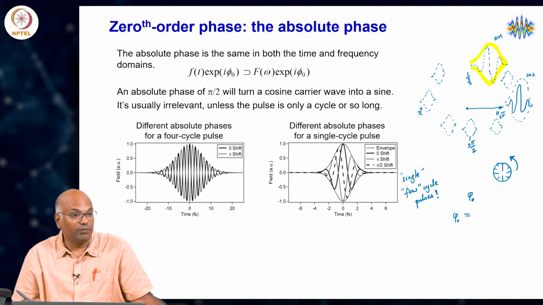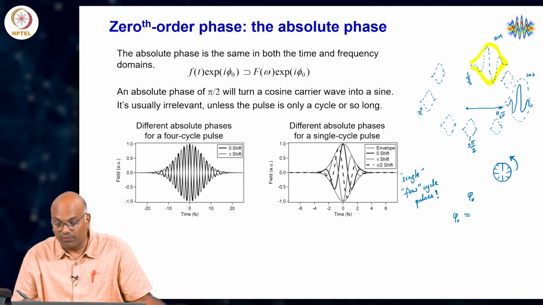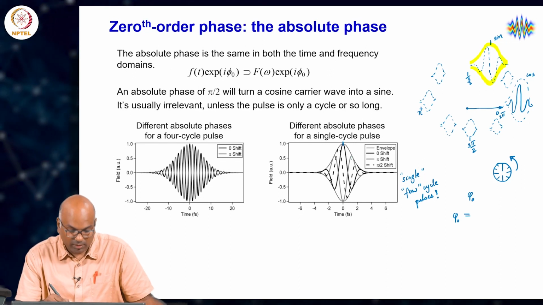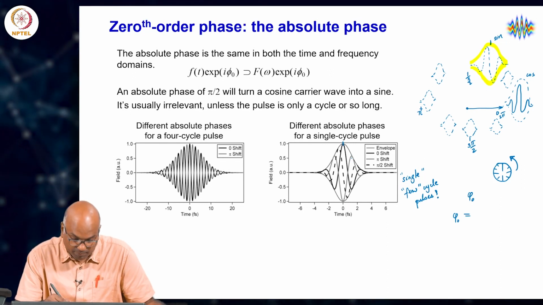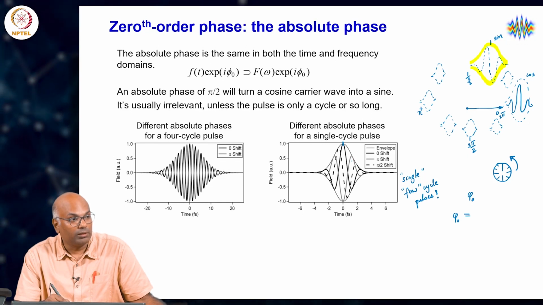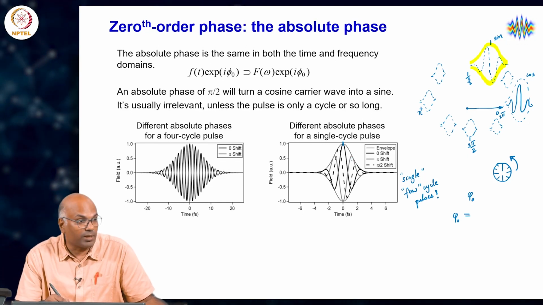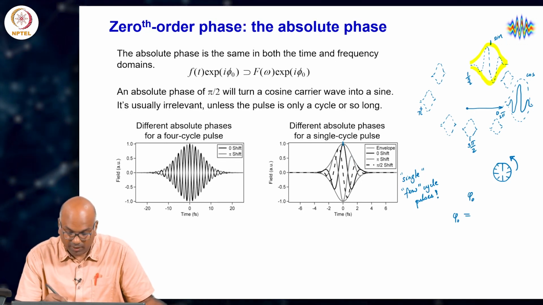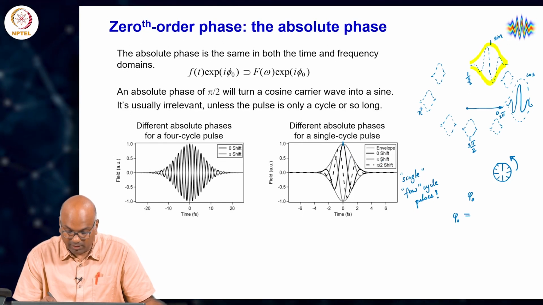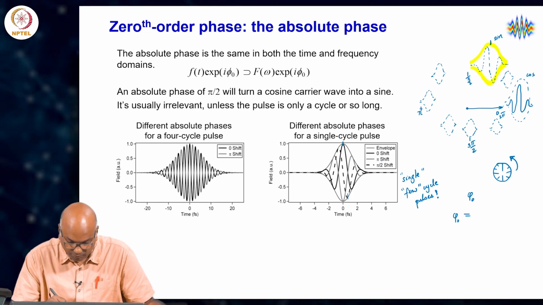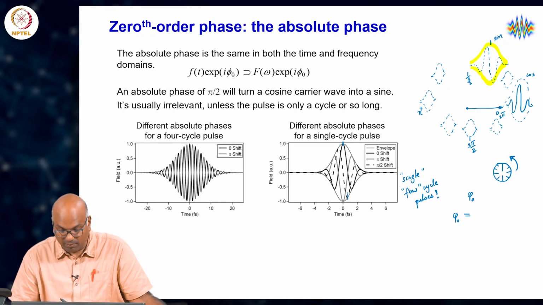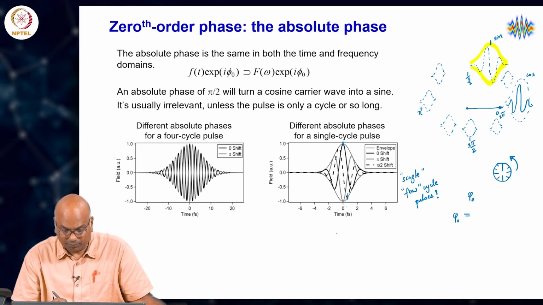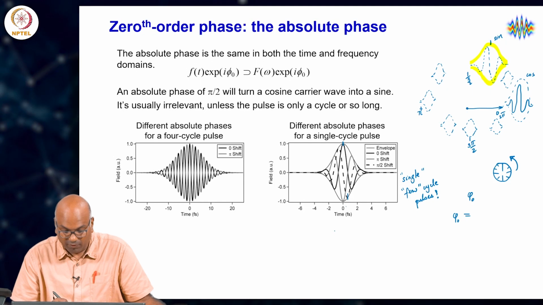And since phi 0 is also related to the relative phase difference between the maximum of the carrier and the nearest field maximum, this could be one way to characterize or measure phi naught, such as it is 0 here, whereas for a pulse that is pi over 2 shifted, its nearest maximum is shifted pi over 2 in terms of phase value.